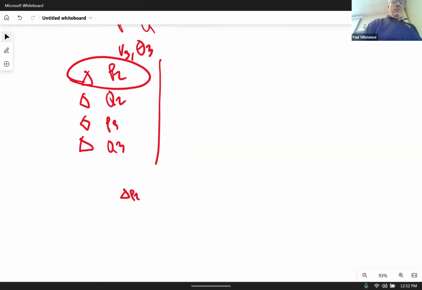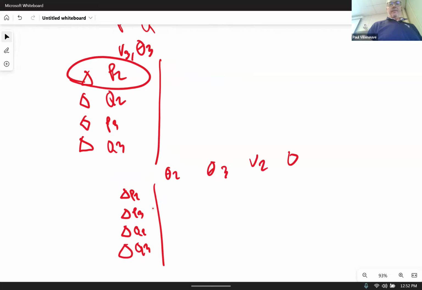So delta P2, delta P3, delta Q2, and delta Q3 are the rows. Here are the columns. And that tells you the form. So this would be delta P2 with respect to theta 2, and on and on.